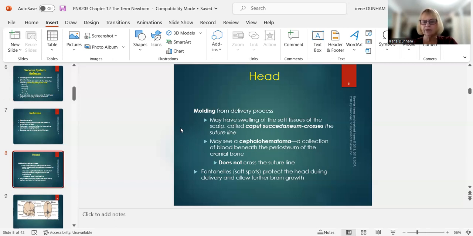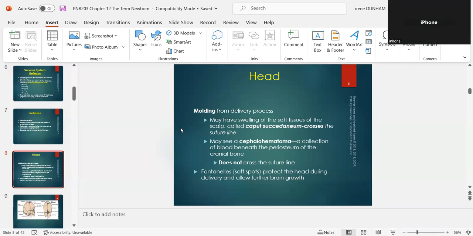It has to fit through the pelvis, so it has to give as it comes down, and that's called molding. You ever see those babies that were down in the pelvis for a while? Basically they may have some swelling of the soft tissues of the scalp. It's called caput succedaneum, which crosses the suture line.